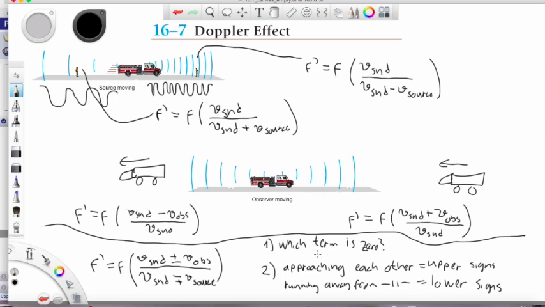By upper signs, I mean we would pick plus here and minus here, and if the observer and source are running away from each other, we would use the lower signs. We would pick minus here and plus here.